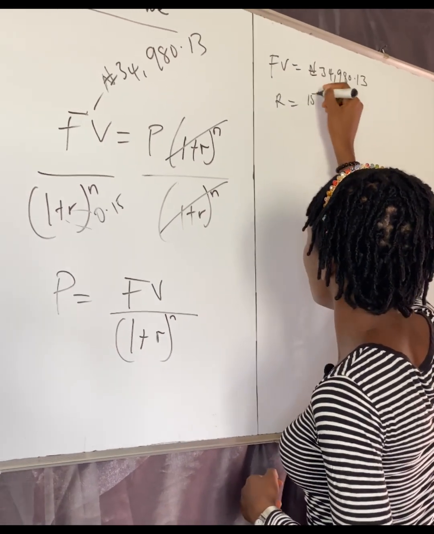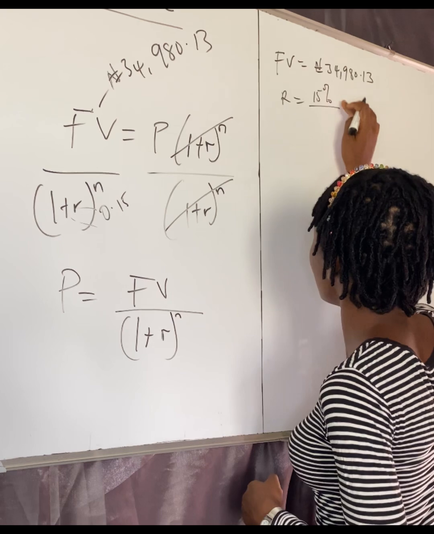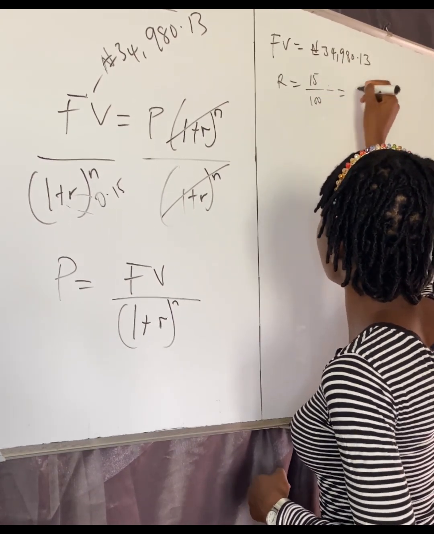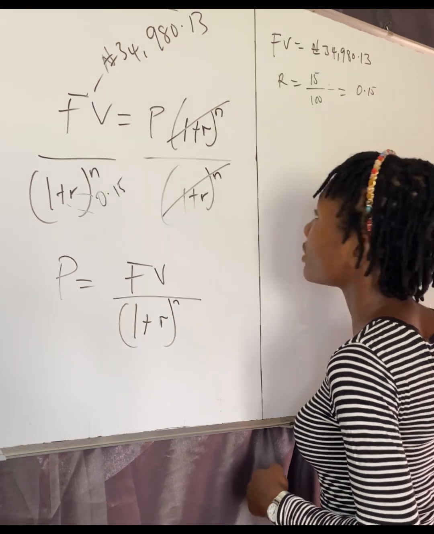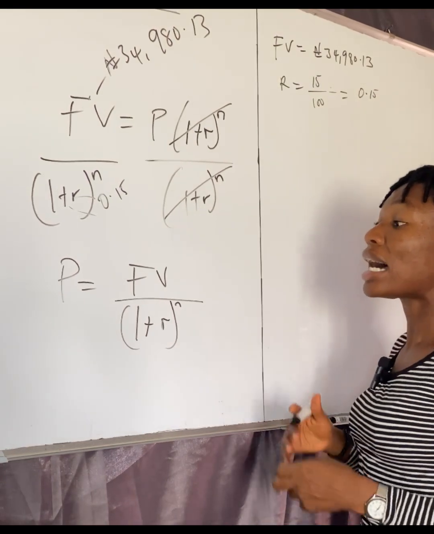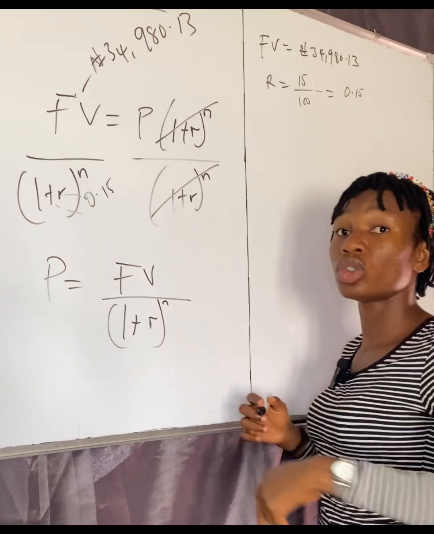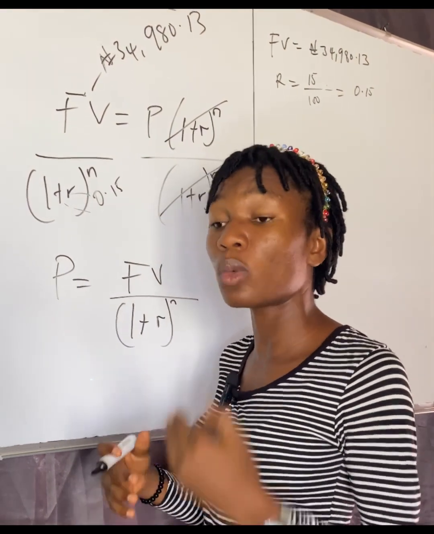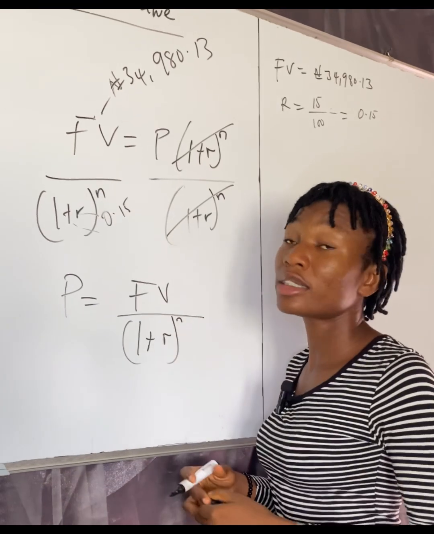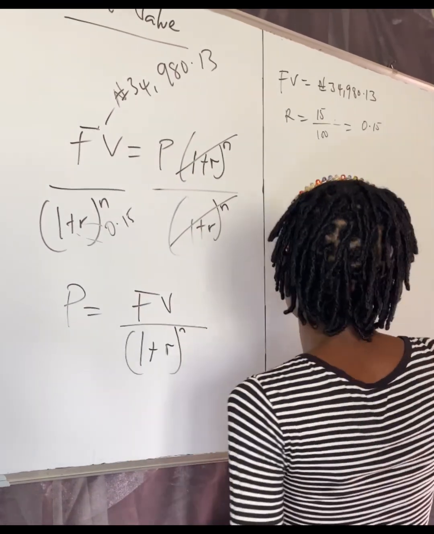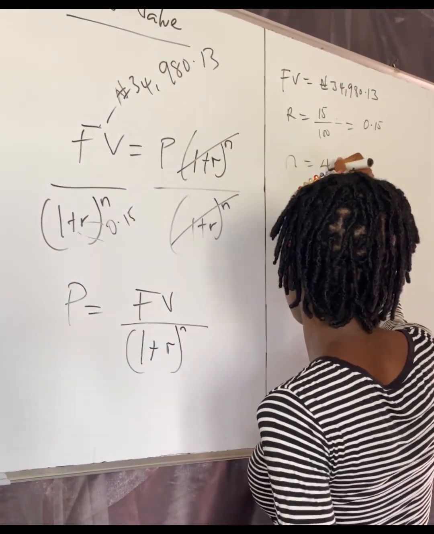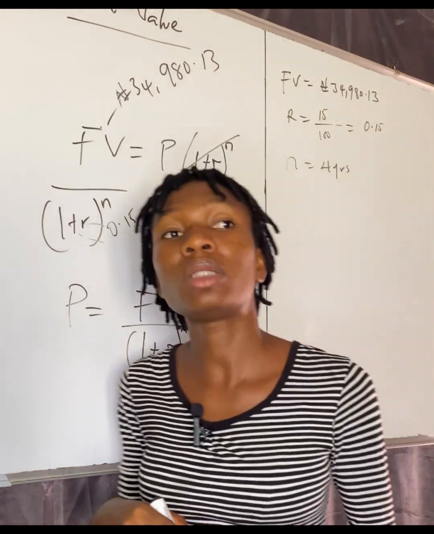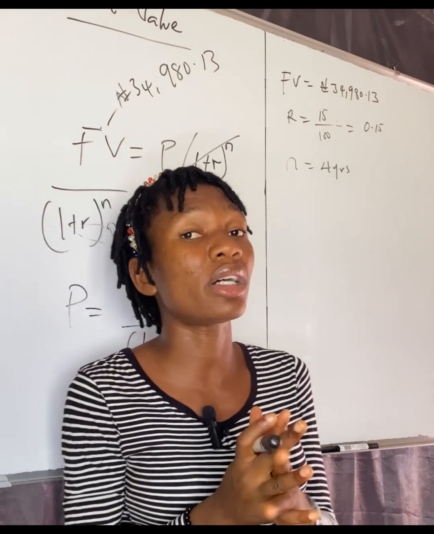Our rate is 15%, which is 15 over 100, so when we divide, we have 0.15. And lastly, our number of years: we want to know how much to invest now to pay this future value in 4 years time. So the number of years in this case is 4 years. Since interest is paid per year, it means it's compound interest, compounded annually.